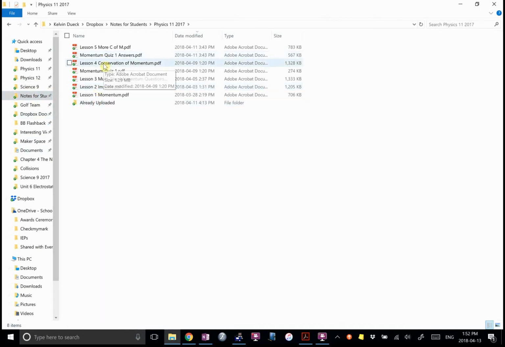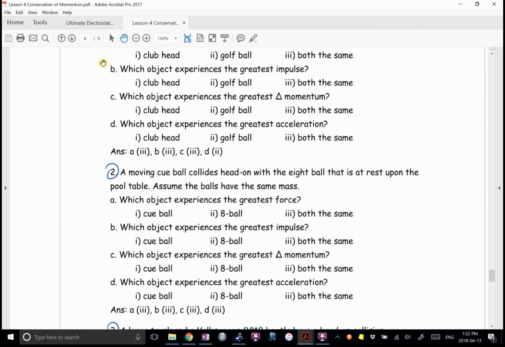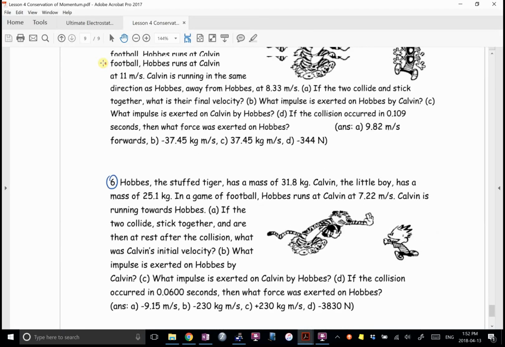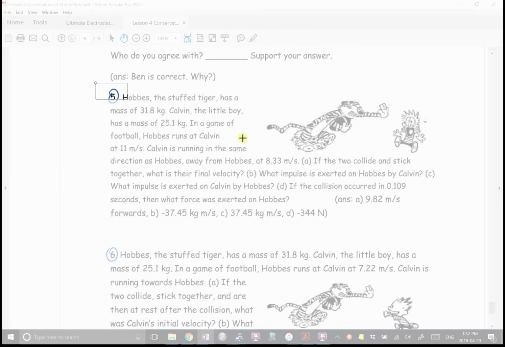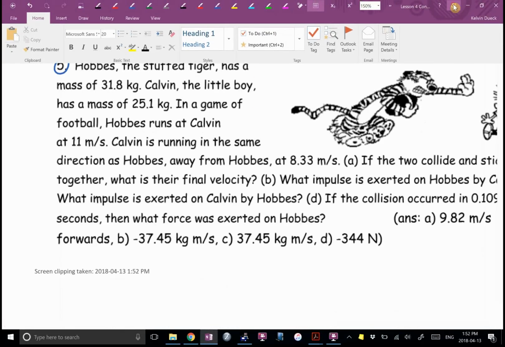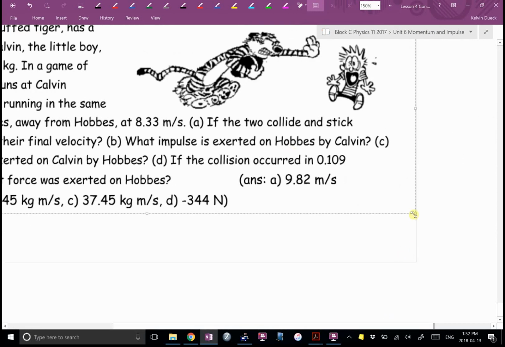Lesson 4? I think I can go capture. Make it a little smaller.